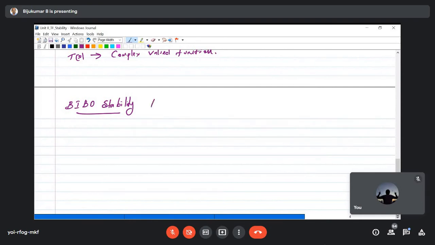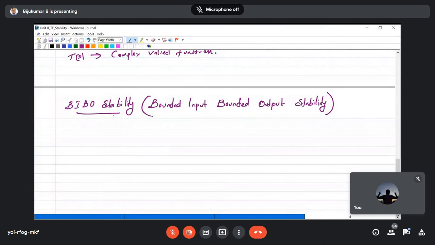BIBO means bounded input, bounded output stability. Have you heard about this anywhere in network theory, signals and systems, or mathematics? Or are you seeing this for the first time? BIBO. You are studying this, right?